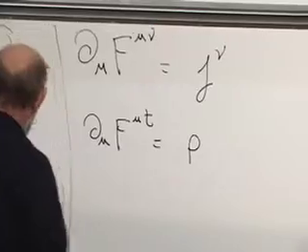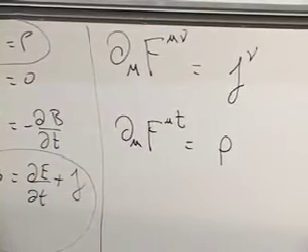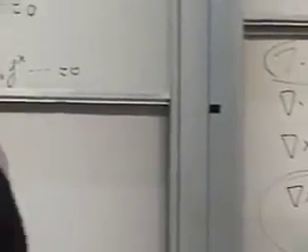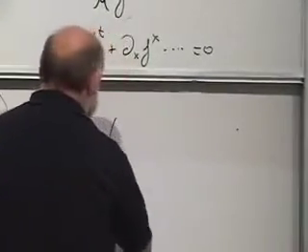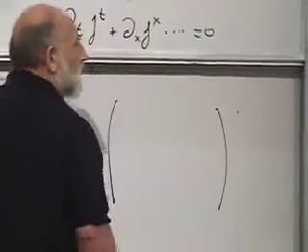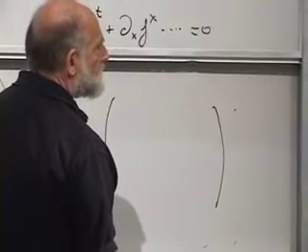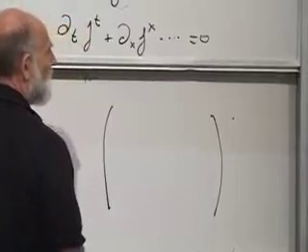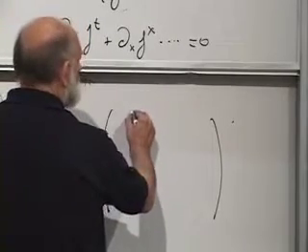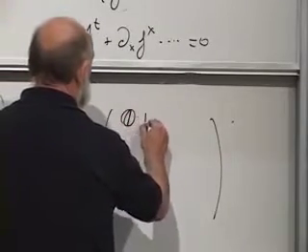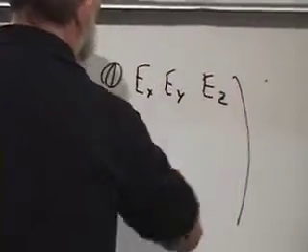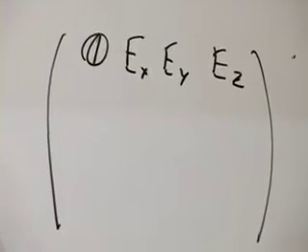And what about the left-hand side? To see what the left-hand side is, we have to go and rewrite the field tensor, but we don't need the whole thing. All we really need to remember is that we have the components of the electric field 0, Ex, Ey, and Ez along here.